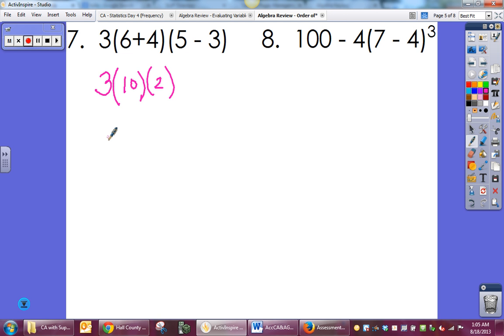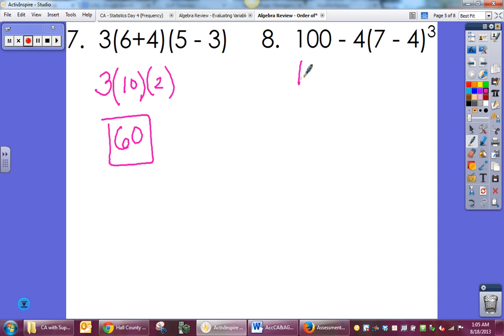The commutative property of multiplication applies here, meaning it doesn't matter the order. I can move them around. So it doesn't matter if I do 3 times 10 first, 10 times 2 first, 3 times 2 first. Either way, I'm going to end up with 3 times 10 is 30. 30 times 2 is 60. The order that I multiply them does not matter.